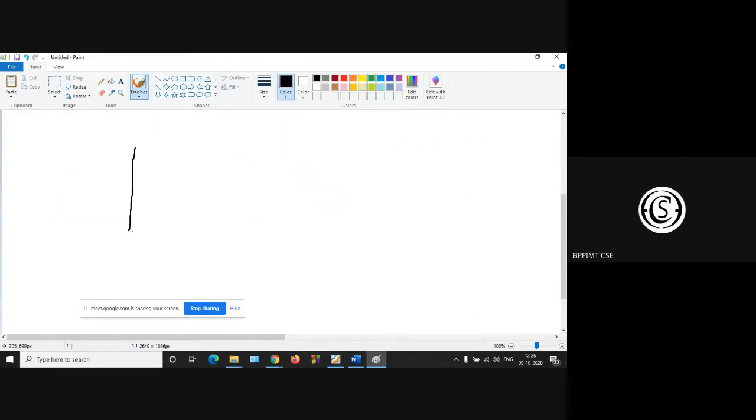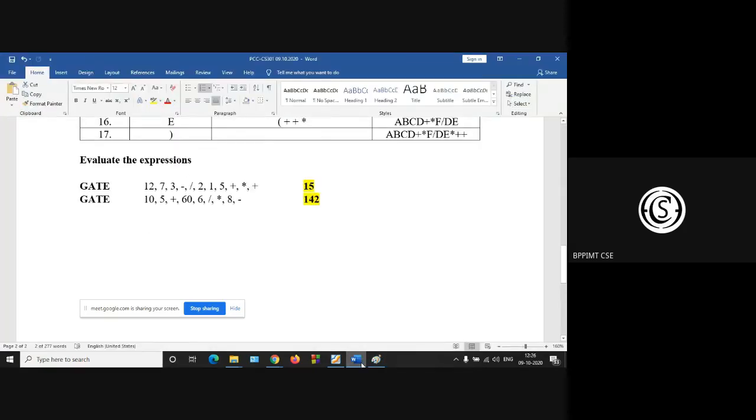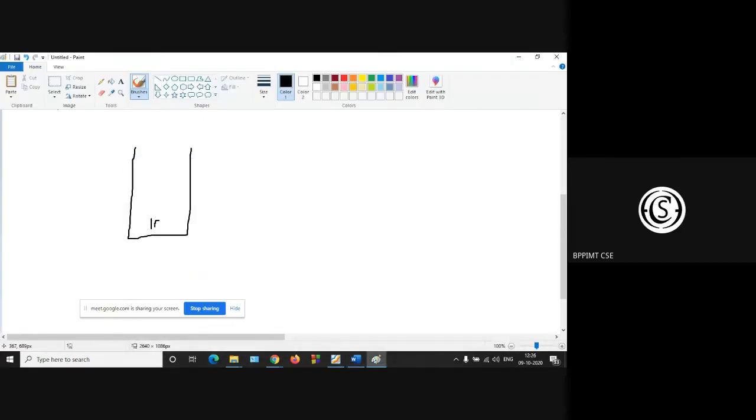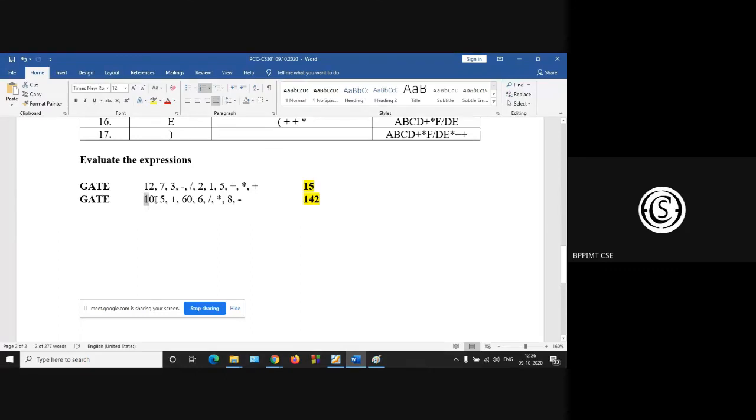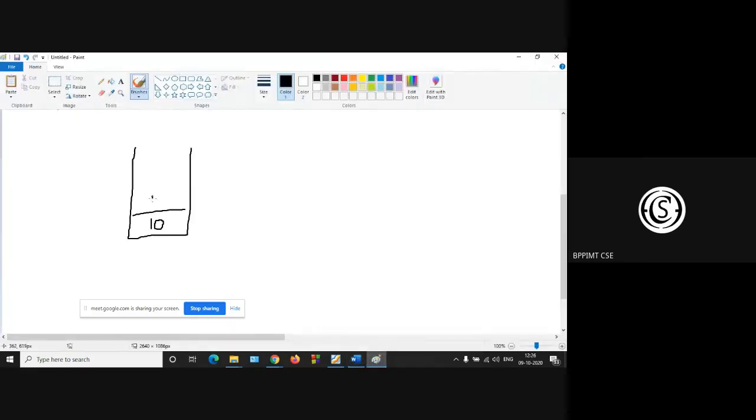So first, 10. Push 10, as this is an operand. The next one is 5. First 10 is pushed; keep pushing until you get an operator, then pop the top and the operand immediately below it. So 10 and 5 are pushed.